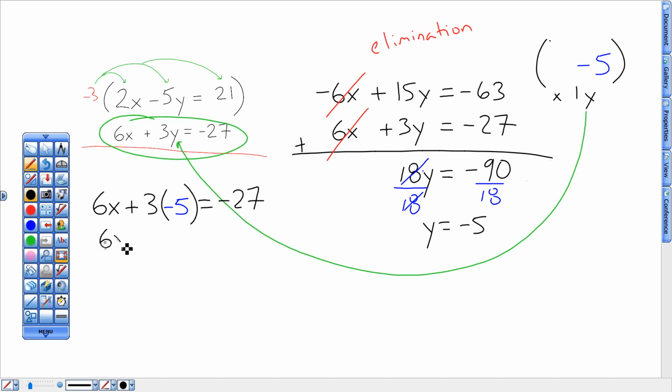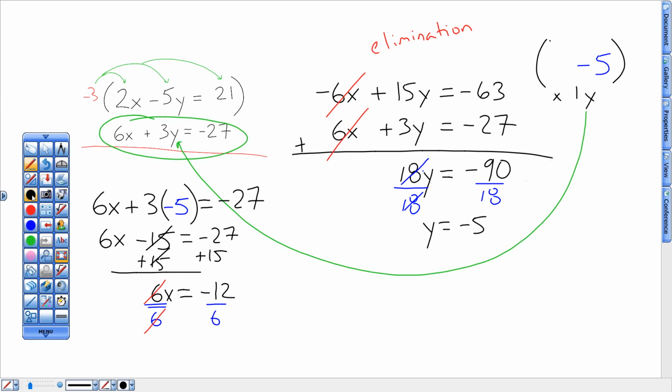So 6x minus 15 equals -27. Add that 15 to both sides. Goes away. Gives me 6x equal to... 27 take away 15 gives me -12. Divide right there by 6. And that gives me the x coordinate.